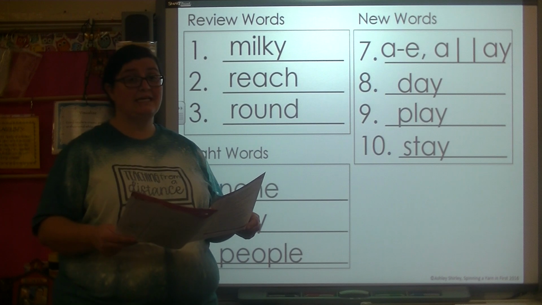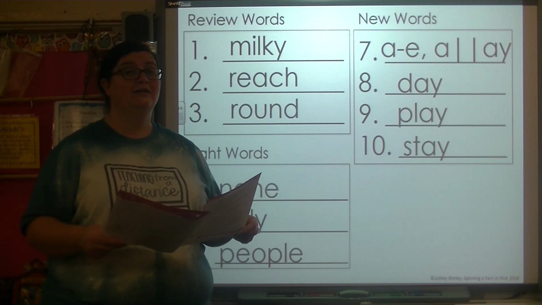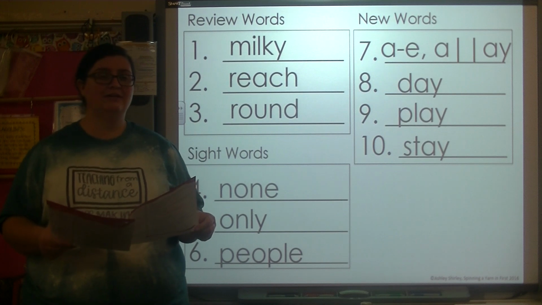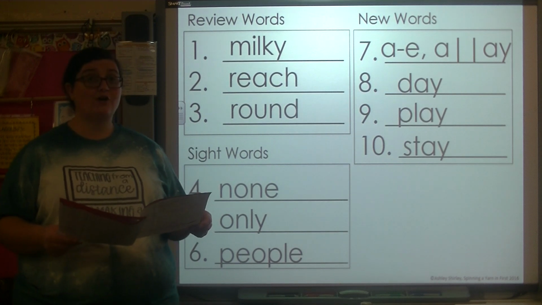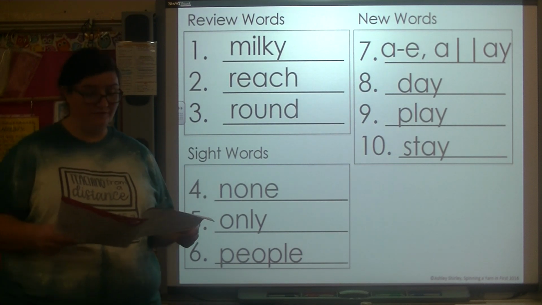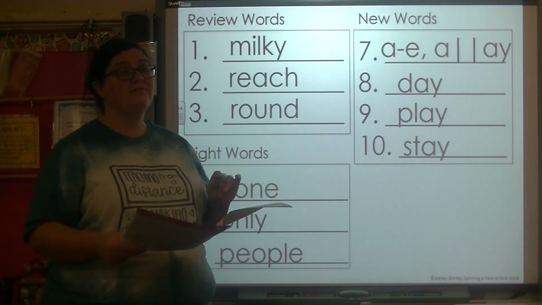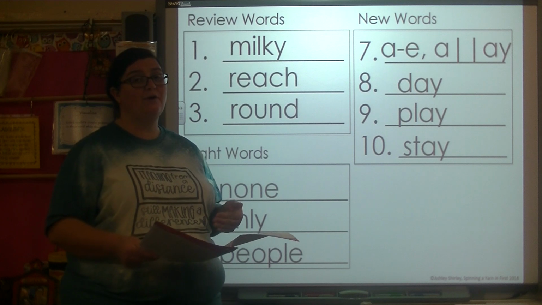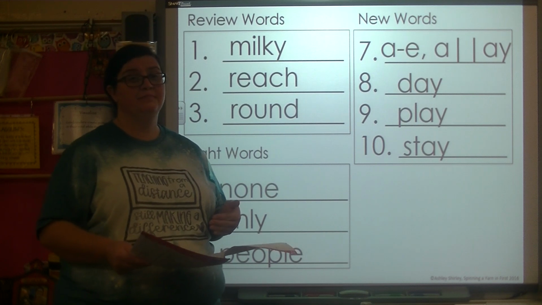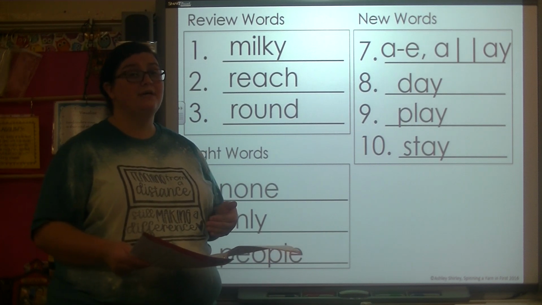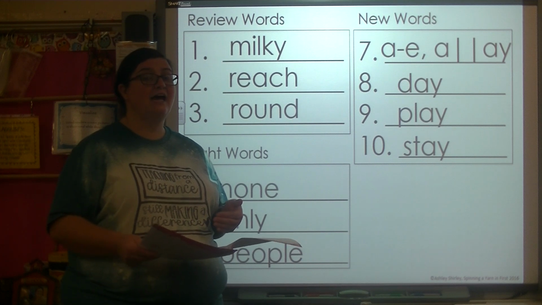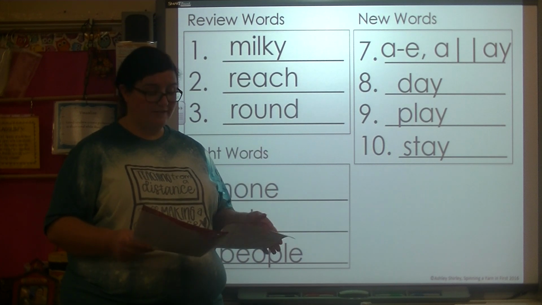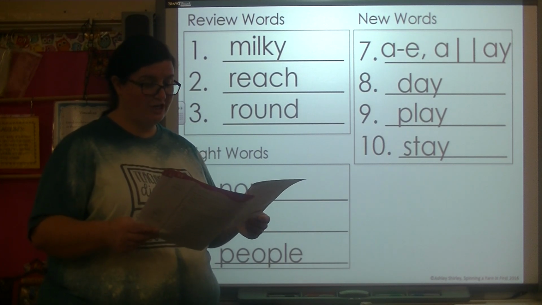What do we do with the sneaky E? Cross it out. Accent is on the first syllable. All right, so far we've learned if it is vowel, consonant, consonant, vowel, we divide between the two consonants. Accent is on the first syllable. Very good job.